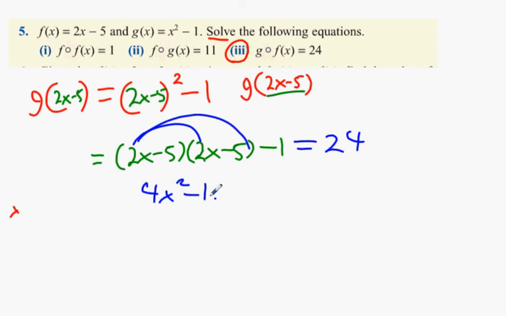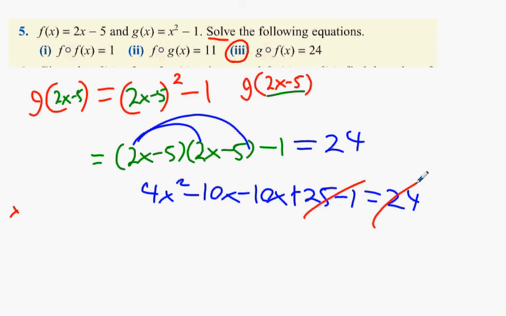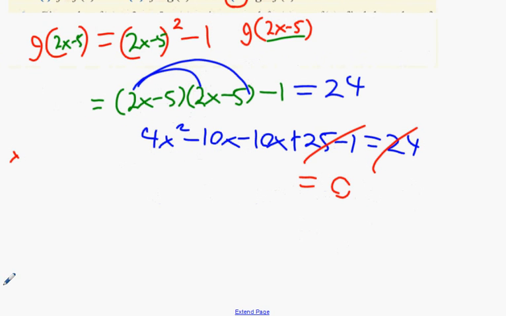4x squared minus 10x minus another 10x plus a 25 minus a 1 equals a 24. What's 25 minus 1? And what's the 24 on the other side? Now what's next, guys? Now, it's not a reference number. What is it?